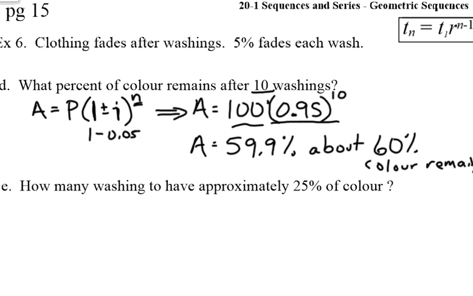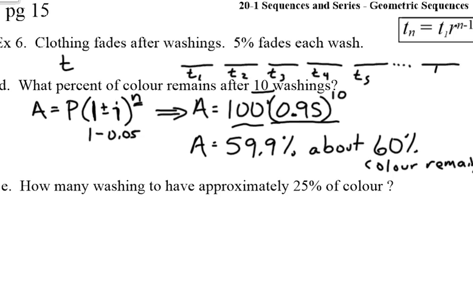So there you go. If you want to use the initial formula, which term are we looking for? Well, term 1 is the start. 1 washing takes us to term 2. 2 washings take us to term 3. 3 washings take us to term 4. 4 washings take us to term 5.